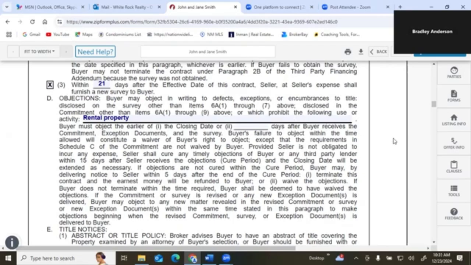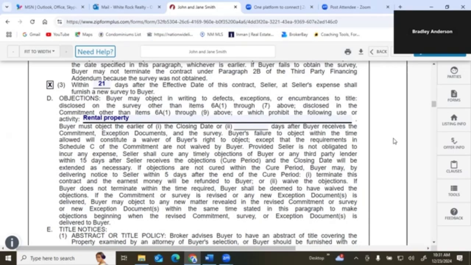Well, you know that your client is purchasing this not as their primary residence, but as a rental property. What if the city or HOA says that you can't have a rental property, which is common? This is your buyer's out.